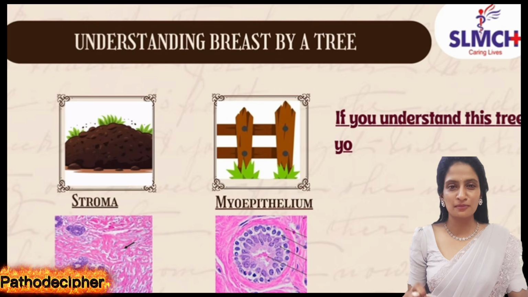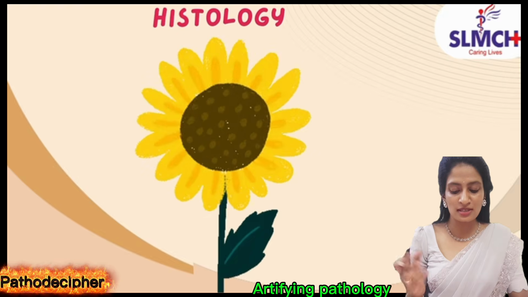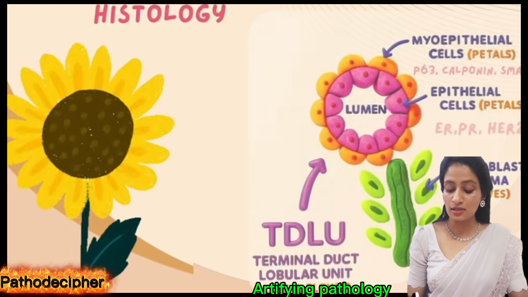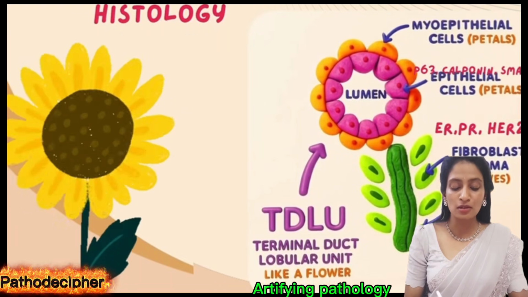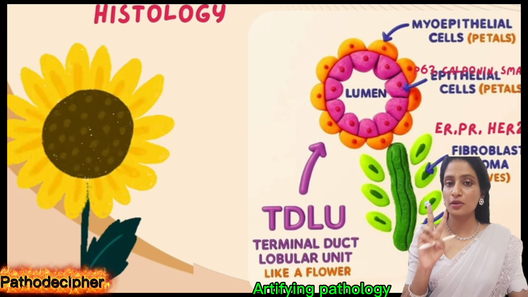A little bit again, I'm going to compare something with the sunflower. Why a sunflower? Here we can see the sunflower has a central lumen where it has a lot of seeds. This image shows a lumen, so we compare it with the lumen. The petals have two layers.